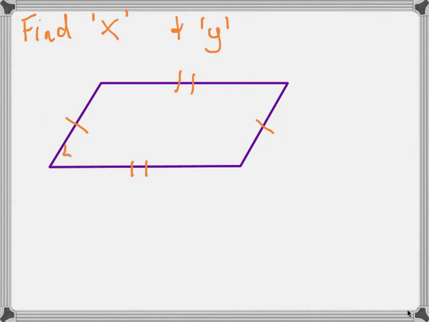Let's go 4y. Let's give this angle to be 52 degrees. And I don't want it to be able to work out too nicely. So let's say we have that. We've got to find x and y.